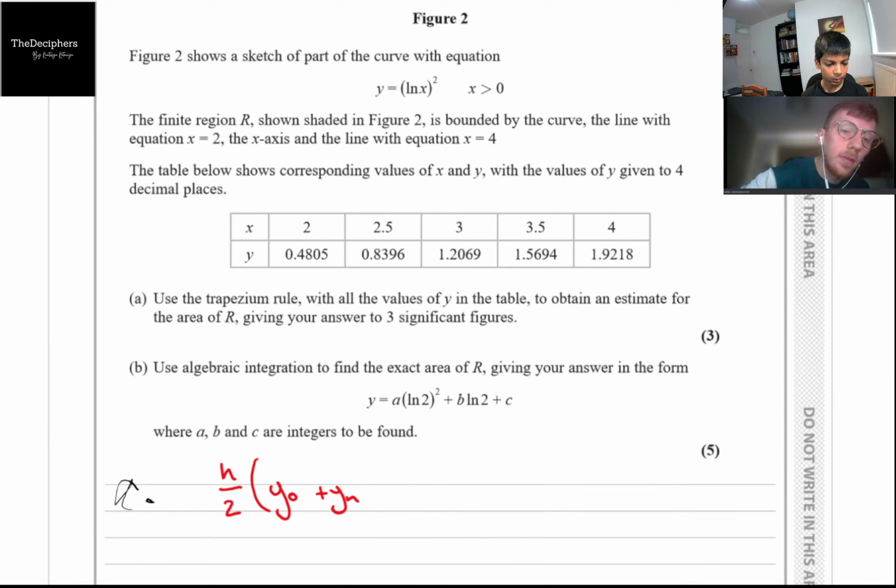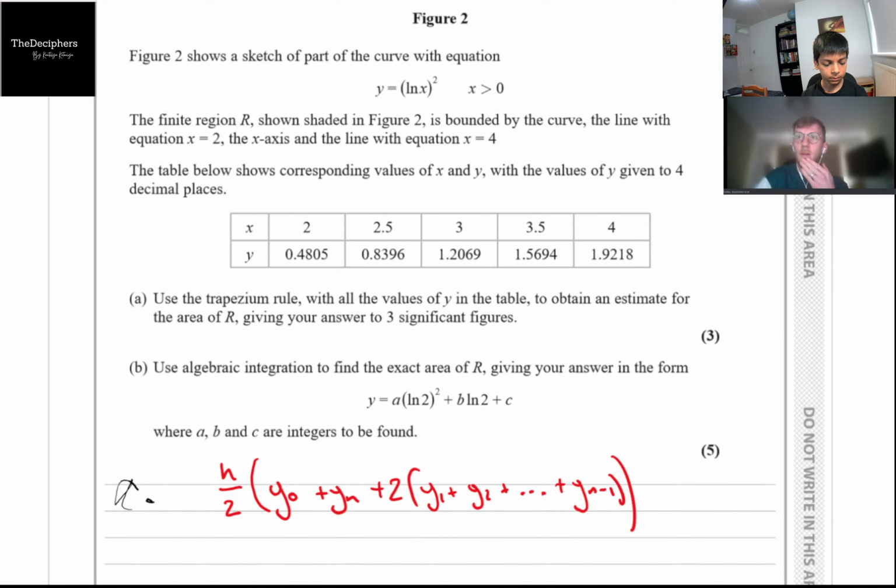So they're going to be plus 2 lots of all the other, they're called ordinates because they're just one part of the coordinates. So y1 plus y2 plus ... plus yn minus 1. Okay, so that's our formula for the trapezium rule.